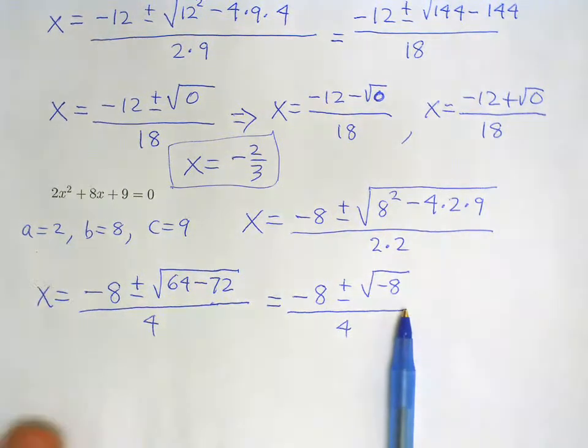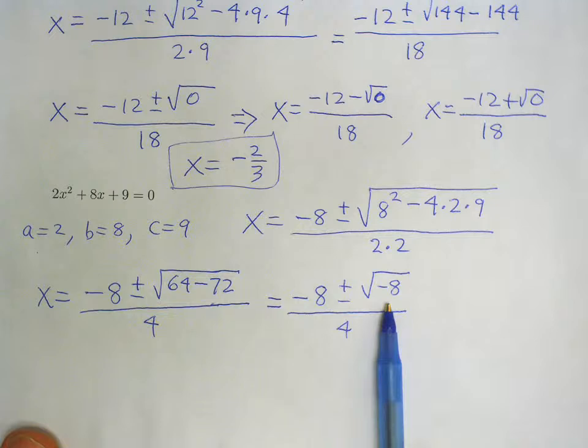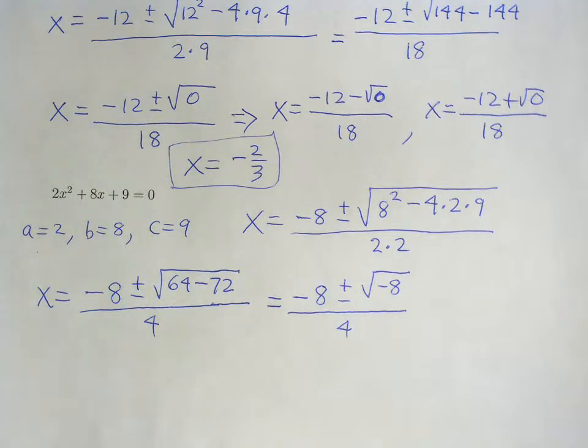And then we can simplify the square root of negative 8. So think of the square root of negative 8 as the square root of 8 times the square root of negative 1. And as usual, we replace the square root of negative 1 with i, but also as usual, we will simplify the square root of 8.